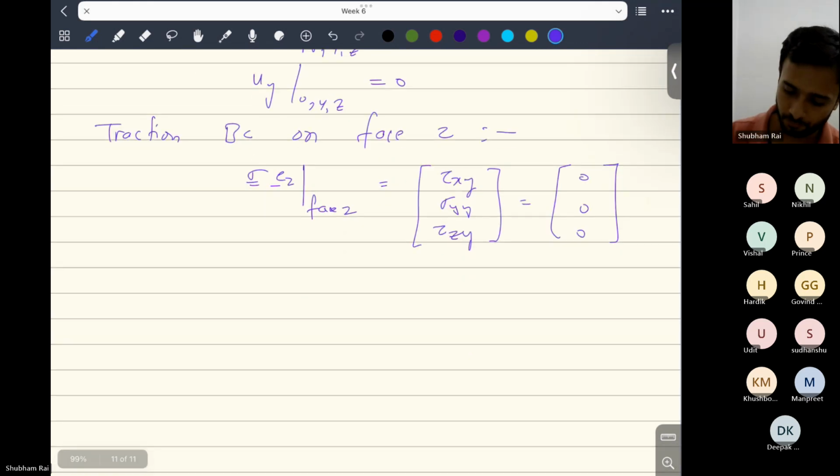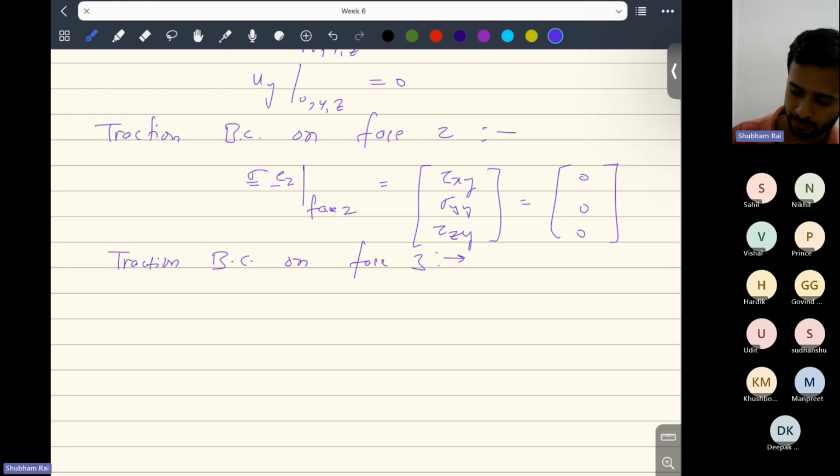Traction boundary condition on face three. Face three has a normal E1. So sigma times E1 will be the first column of the stress tensor: sigma xx, tau yx, and tau zx.